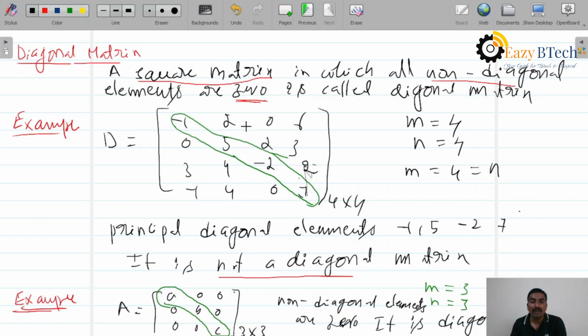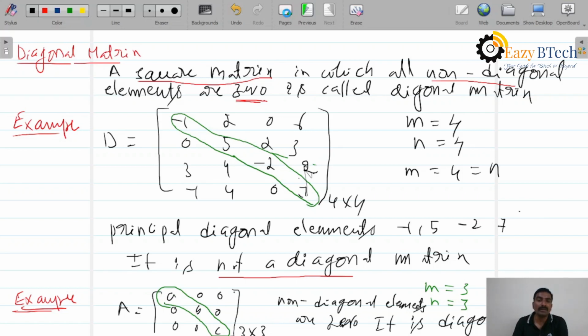But in this example, above the principal diagonal all are 0, and below the principal diagonal also all are 0. Therefore, this is called a diagonal matrix. A diagonal matrix means except the diagonal elements, all elements must be 0.